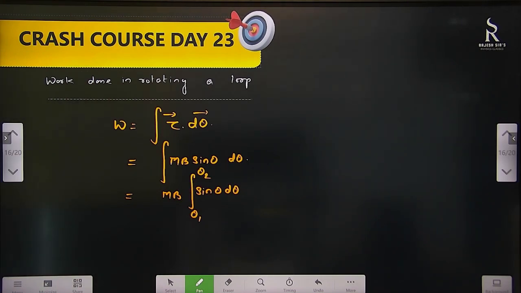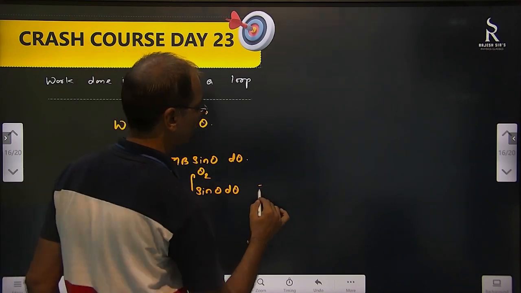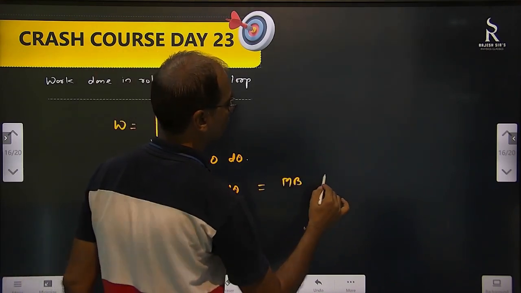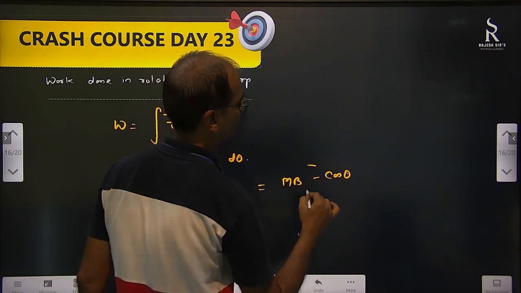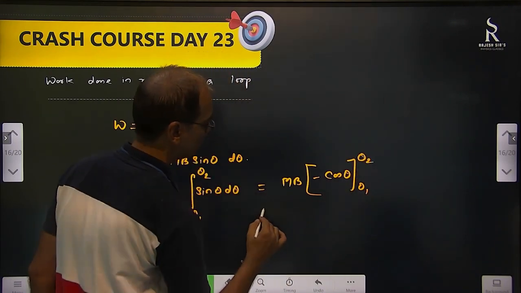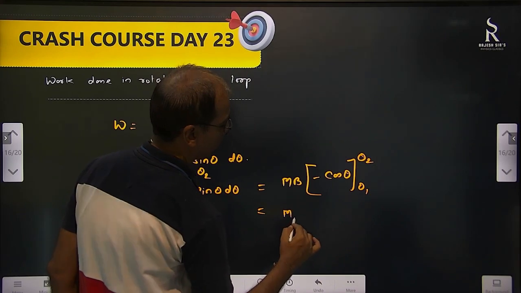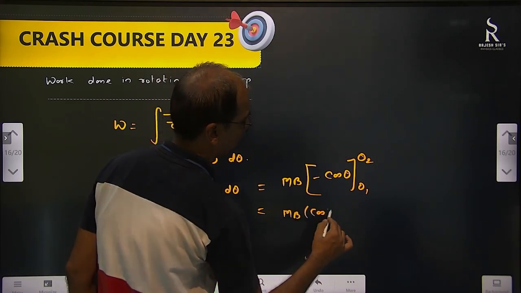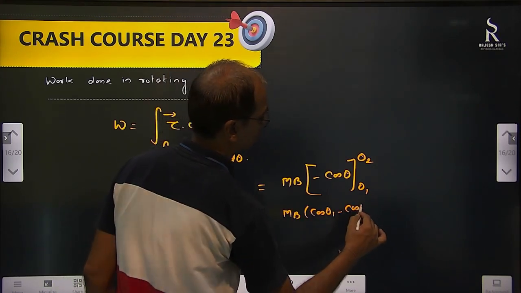Minus cos theta. So, what we will write here is mb minus cos theta, from theta 1 to theta 2. That's all. So, mb (cos theta 1 minus cos theta 2).